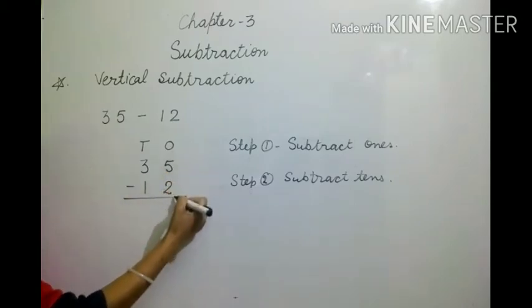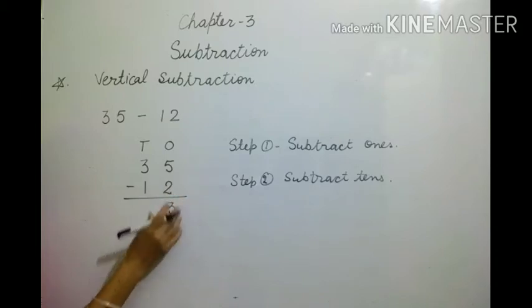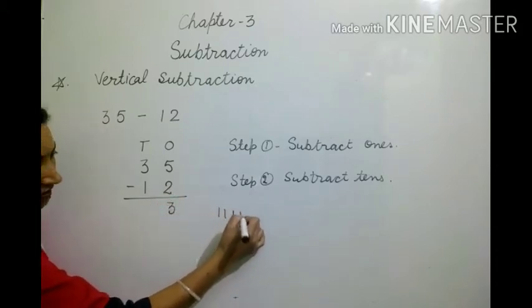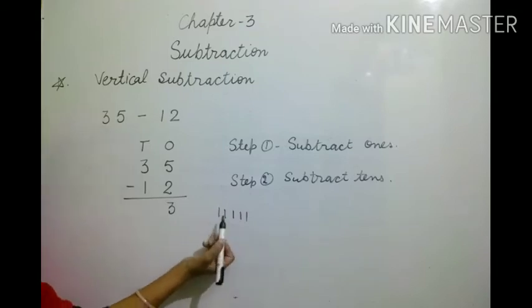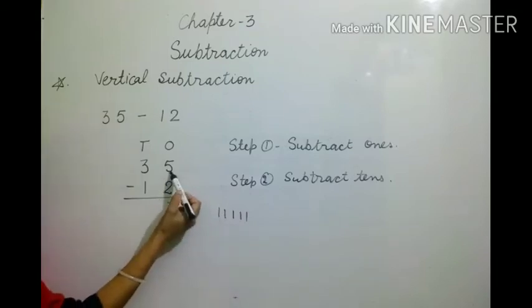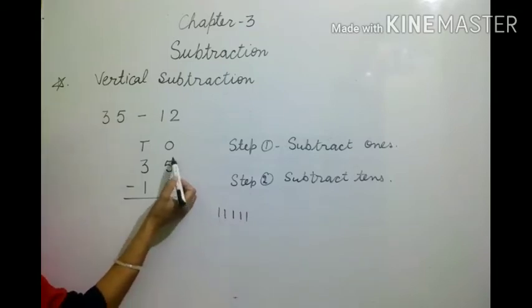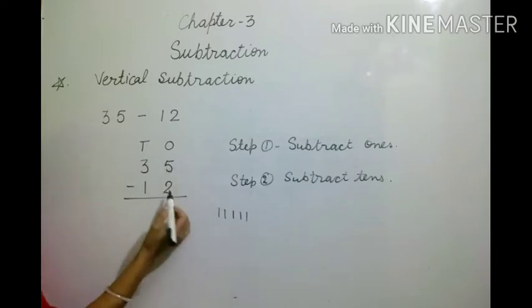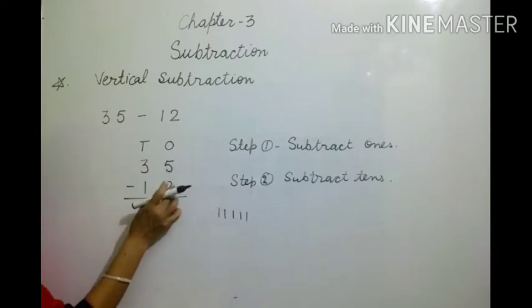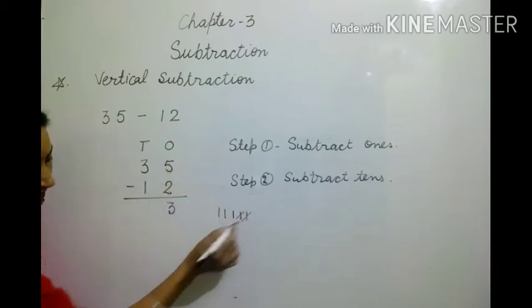So we will follow this while subtracting. Starting from ones column, 5 minus 2 is 3. From 5 bars or 5 circles we can write the upper digit 5. Always we write the upper digit and we cut the lower digit. What is written below it? 2. So 2 you will cut.